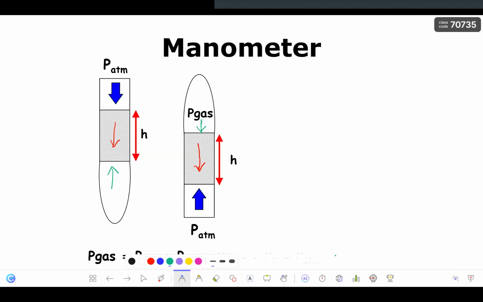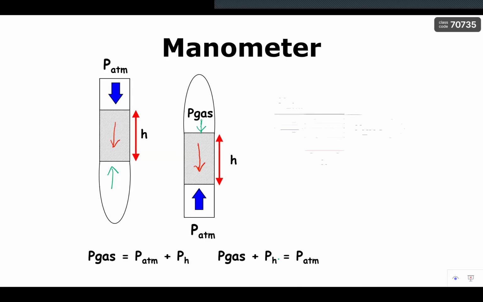Again, in order for the liquid droplet to remain stationary, all the upwards must be equal to all the downwards. So atmospheric pressure will be equal to gas plus the pressure caused by h. So pressure of gas plus pressure of h equals atmospheric pressure.